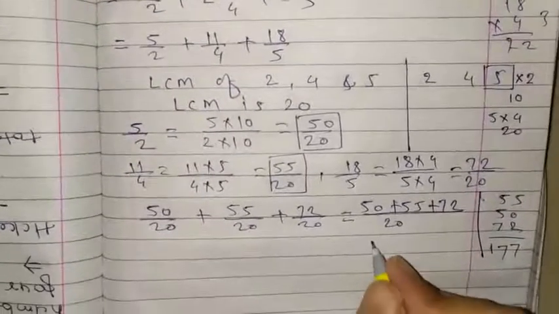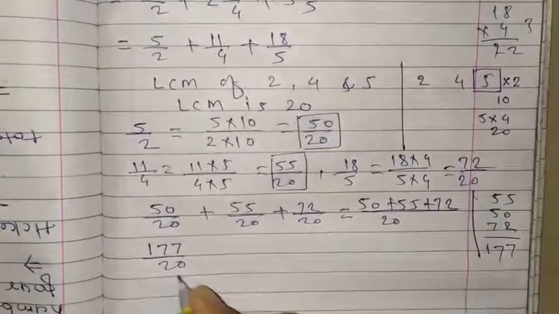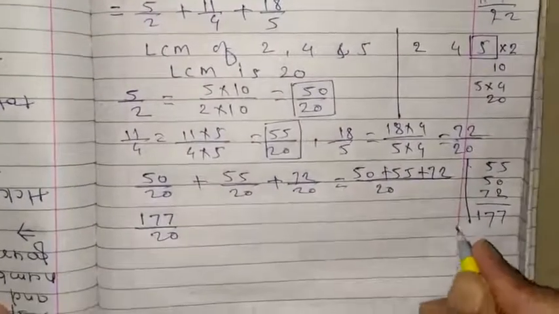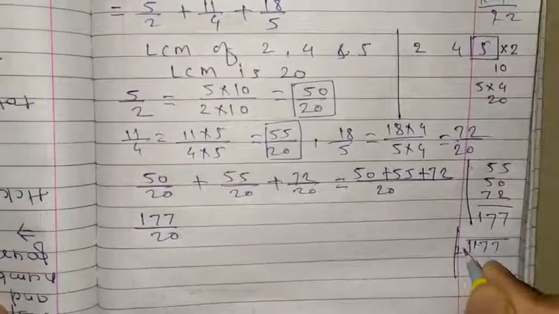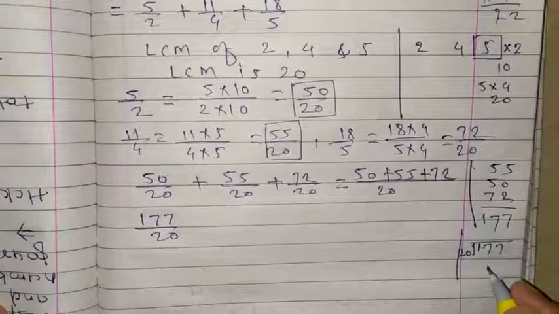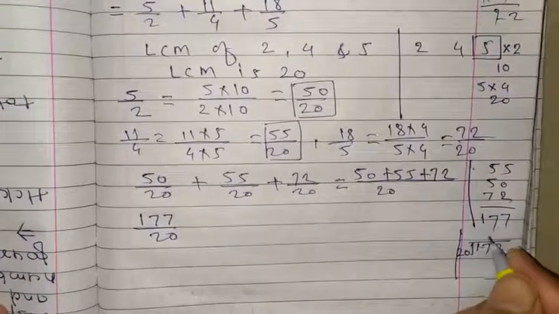So your answer is 177 by 20. Finally you can do the division. You have to divide this number by 20.